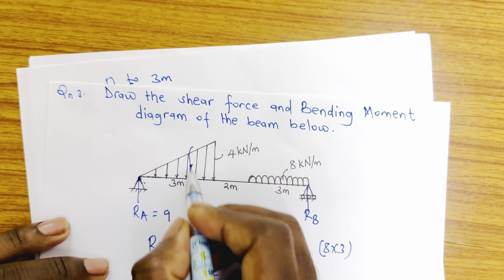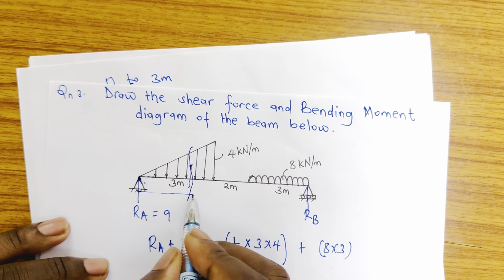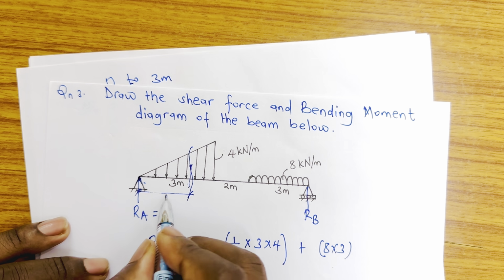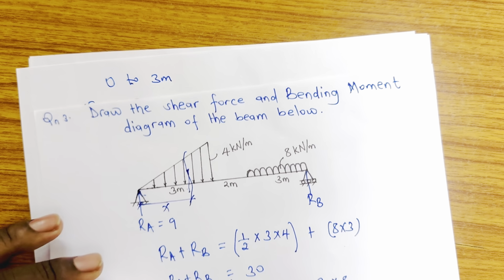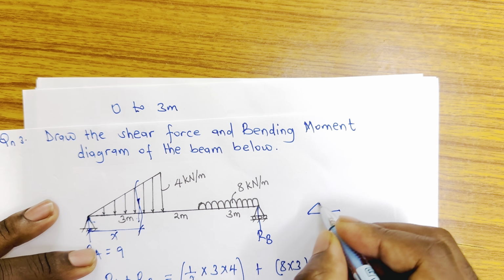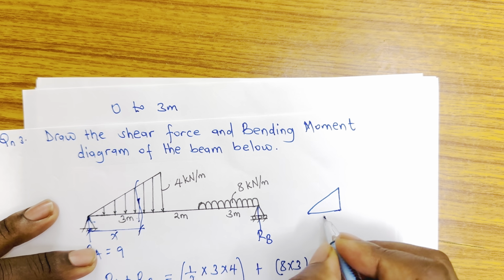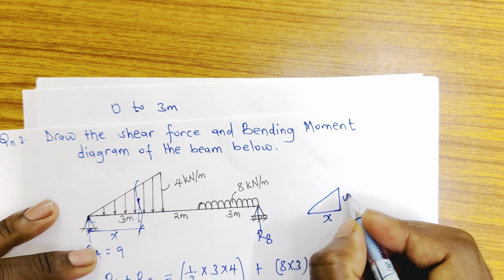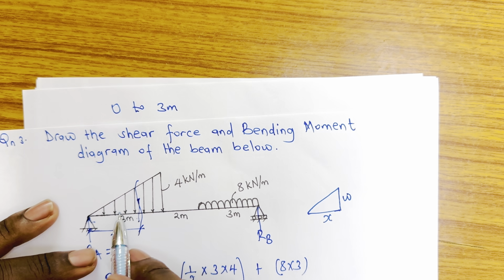So if I cut from here, from here to this point, if I call it X, I will have to get a small triangle. Let me just put it here, a small triangle, because I'm cutting at a distance X. So I need to find this value. What is the value if I compare to this big triangle?